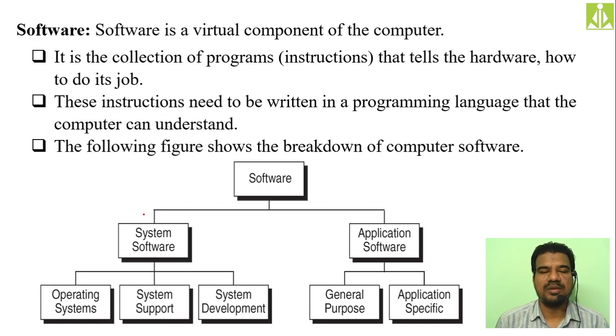Whenever you are performing a particular action inside the computer, you have to tell the computer how to do it. Because we said many times, the computer is a dumb device. Without a prior instruction, it doesn't know how to perform a task. And every time you have to tell the computer.